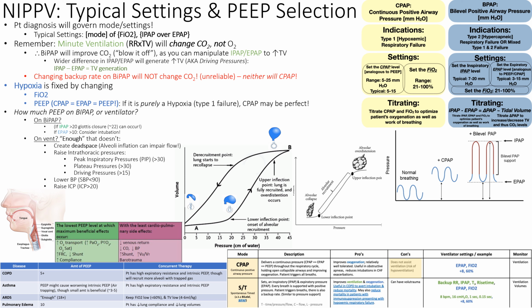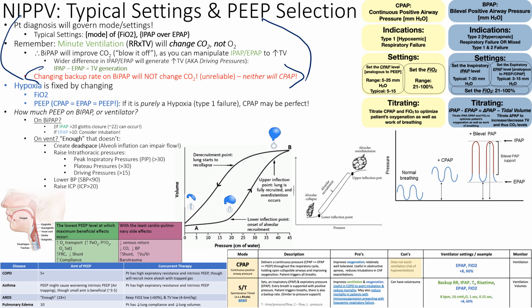All right, so again, typical settings, just a recap, right? The diagnosis will tell us if they should be benefiting from this. If they're a COPD patient, CHF patient, or asthma patient, you can do this early in the process to try to avoid intubation. Again, changing the backup rate on the ventilator is not going to fix someone's CO2 or PO2 or anything like that, right?